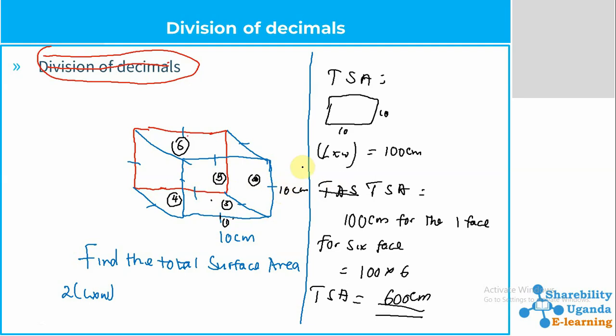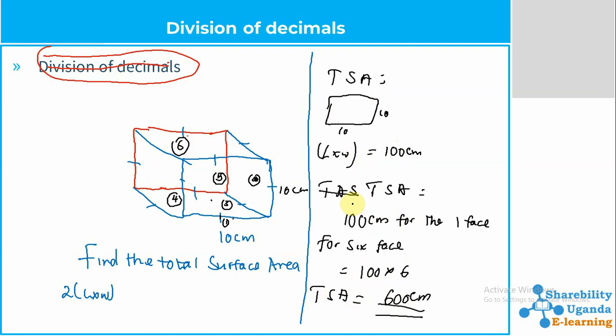We know that our one face has sides of 10 for the length and width. So we get the area of one face times the number of faces within our container. There are 6. So that's why we say the 100, the one we got as the area for face 1, times 6, becomes 600.